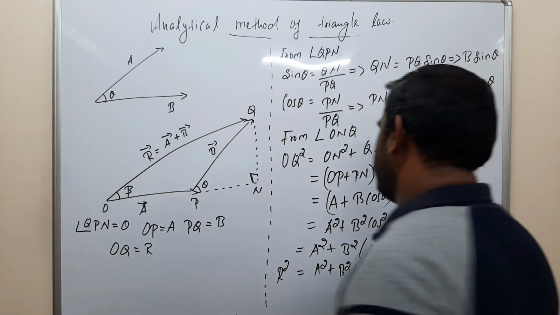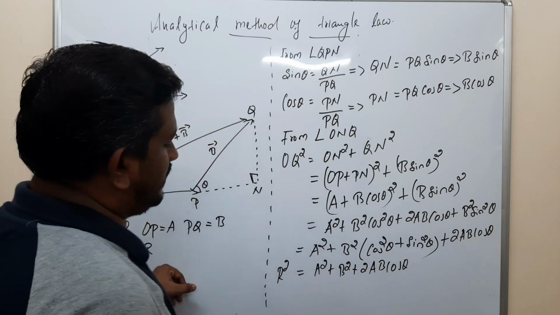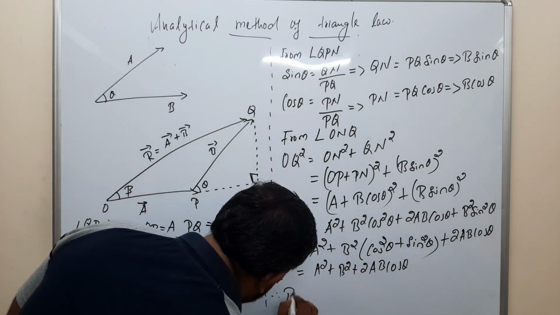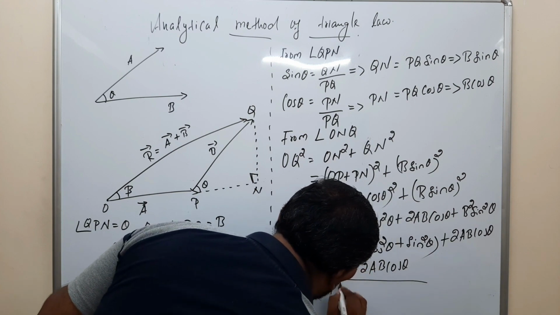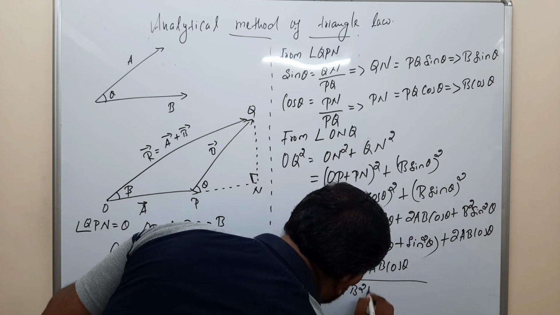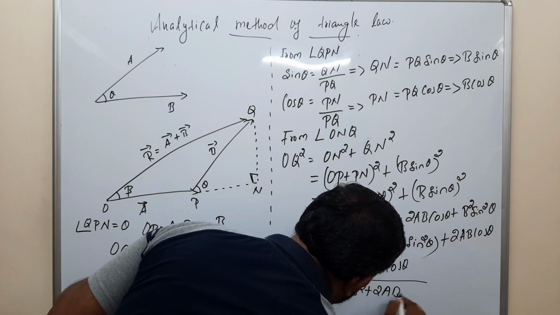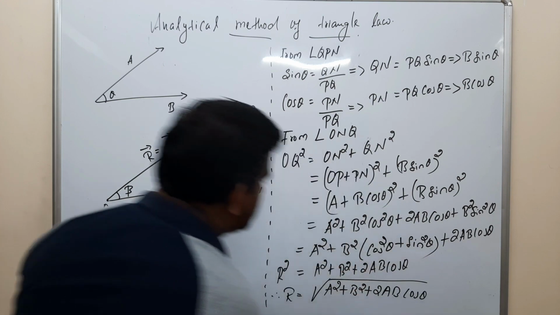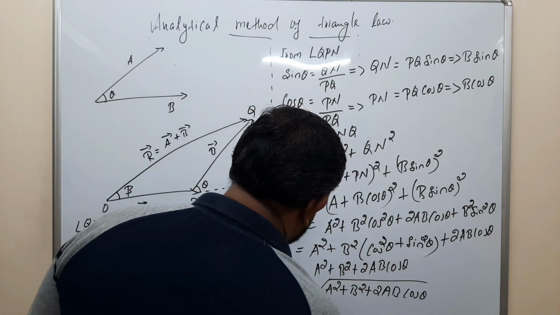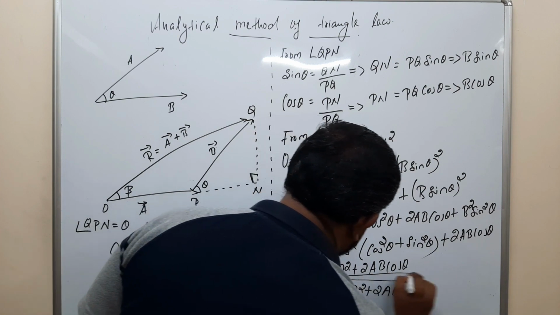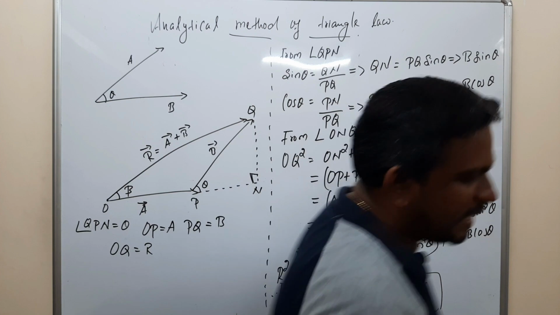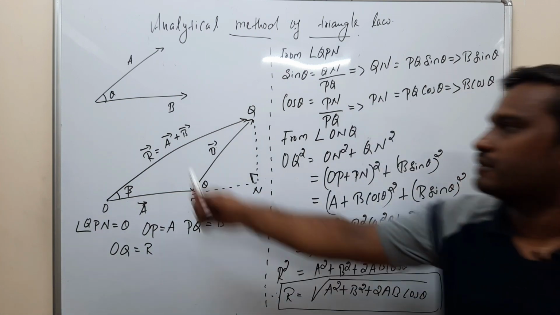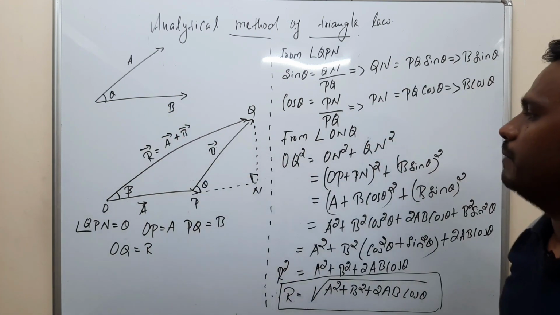Therefore r is equal to the square root of a squared plus b squared plus 2ab cos theta. This is the magnitude of the resultant of these two vectors, a vector and b vector.